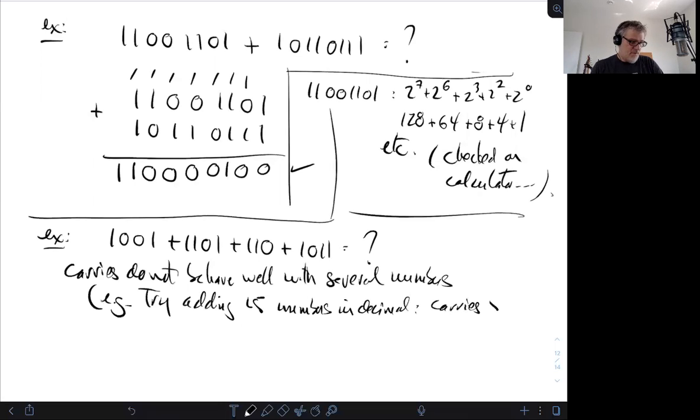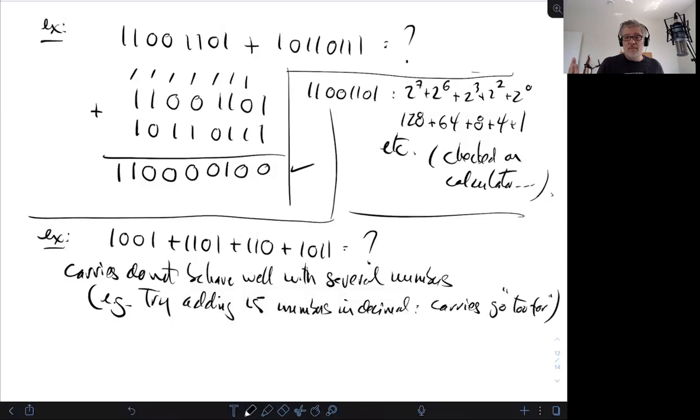Carries go too far. I don't want to go into this, okay? But if you try it by yourself, you'll see that you can't handle the carries very well. It becomes a big mess.